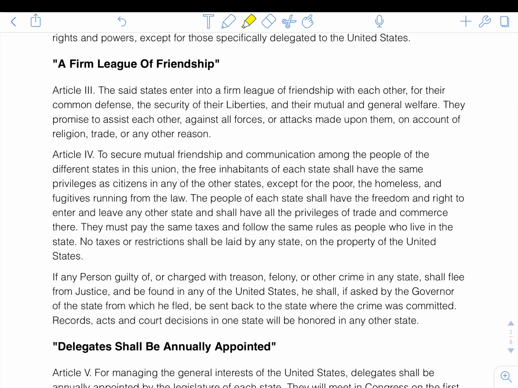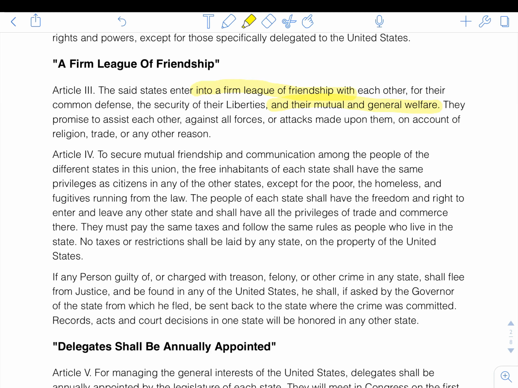Article 3. The states enter into a firm league of friendship with each other. So again, this is an agreed type of arrangement, this establishing of the United States, and it's for their mutual general welfare. Okay, and it's the promise to assist each other against all forces or attacks made upon them on the account of religion, trade, or any other reason.